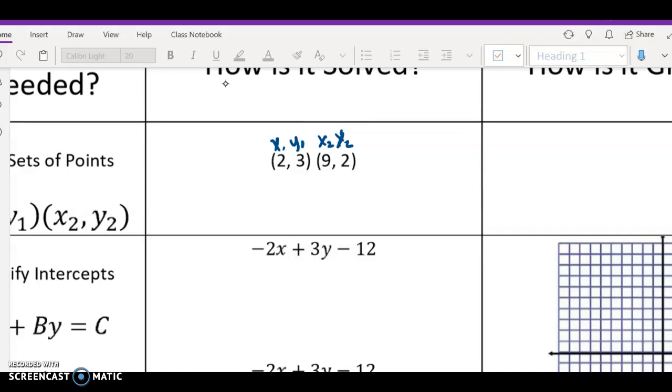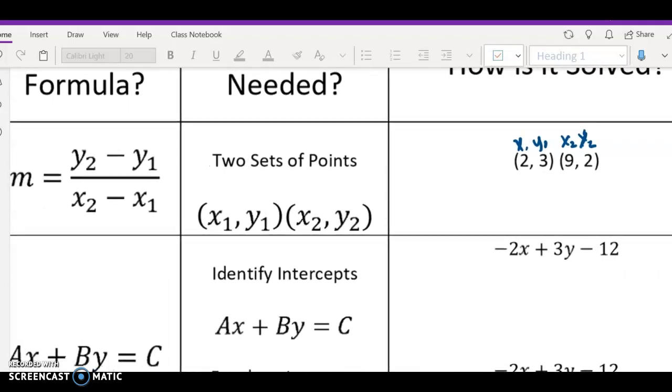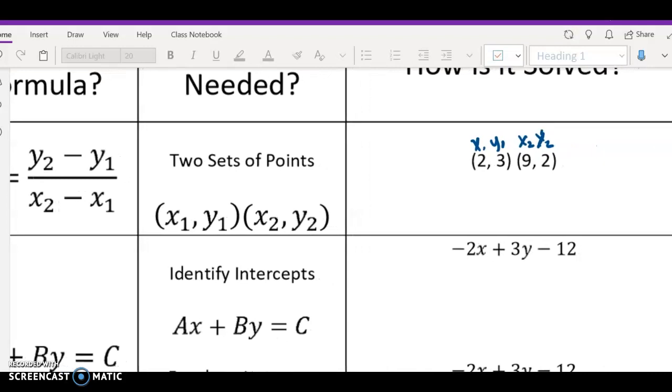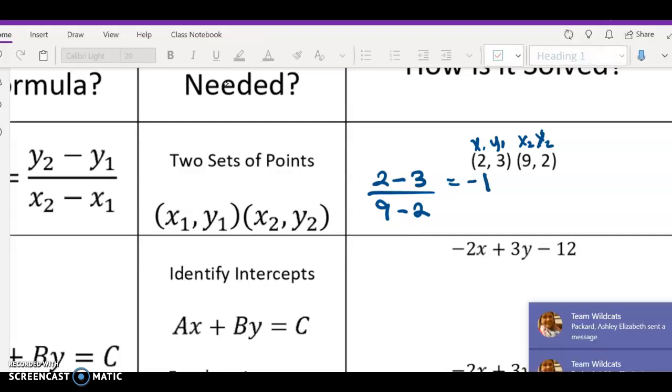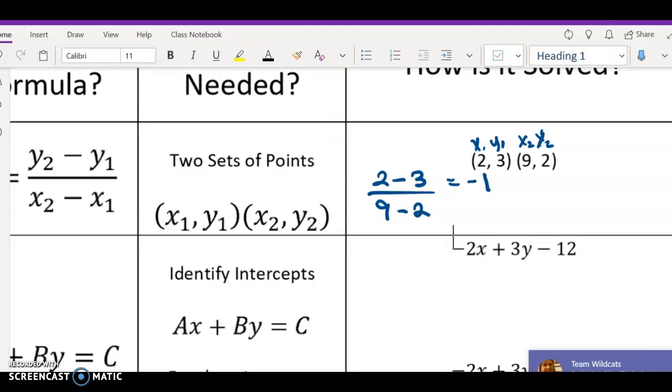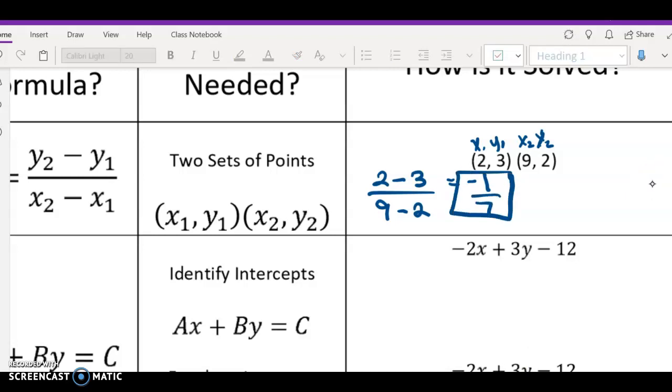And then we are going to use our formula, y2 minus y1, so we have 2 minus 3, over 9 minus 2. 2 minus 3 is negative 1. And then 9 minus 2 is 7. So my slope is negative 1 over 7.